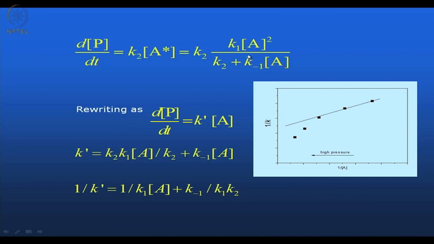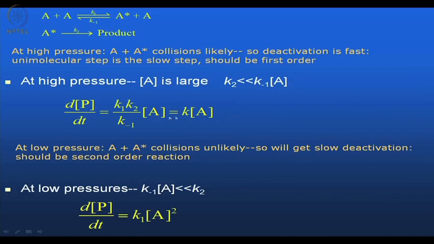So, you can write this overall rate expression in terms of the first power of A. Why am I writing in terms of first power? Because A to the power 1 is A, so this overall expression will be at least A to the power 1.